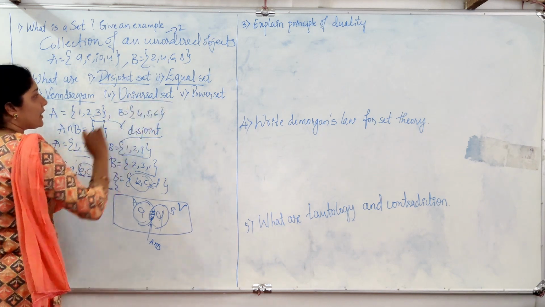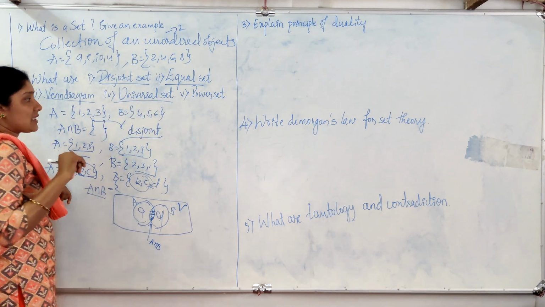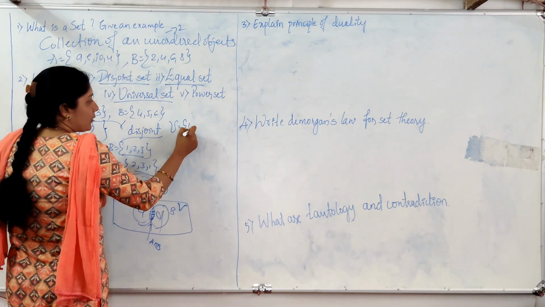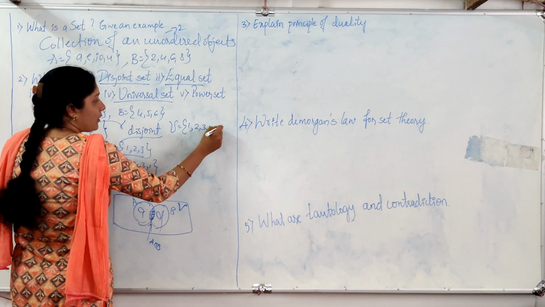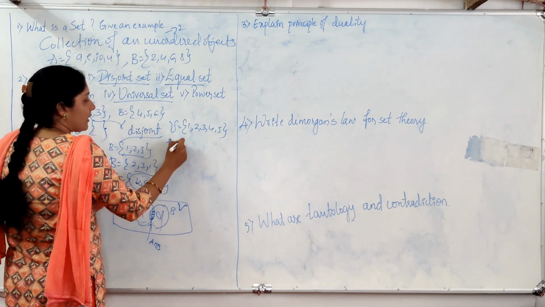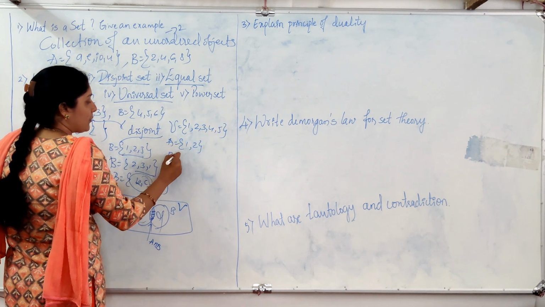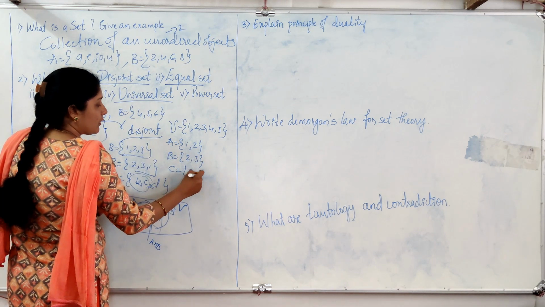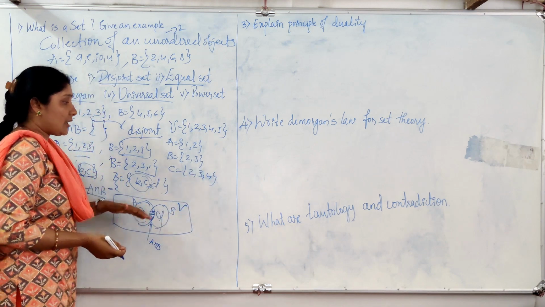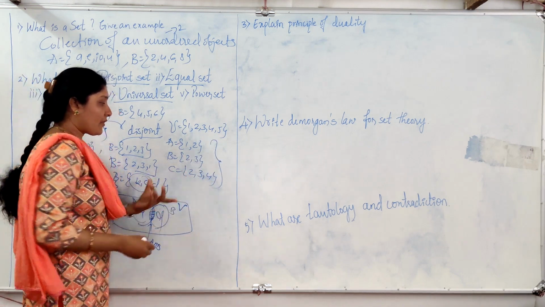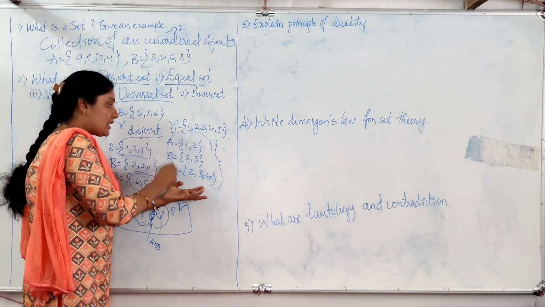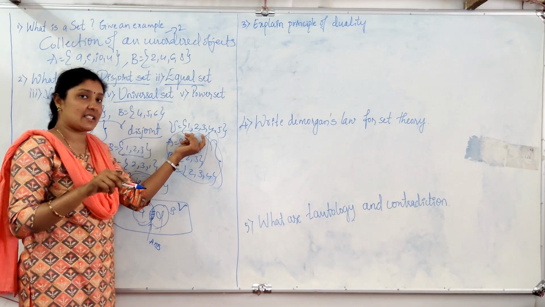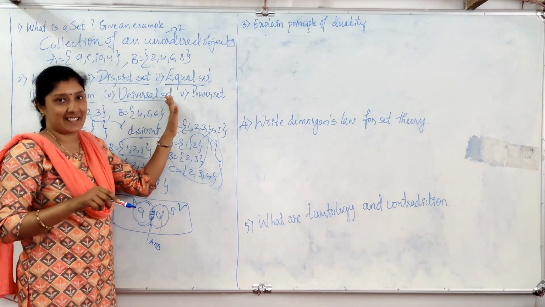Next, we have universal set. Universal set means what? For example, U is equal to {1, 2, 3, 4, 5}. And A is {1, 2}, B is {2, 3}, C is {2, 3, 4}. See, when we have a number of sets, and all these sets are subsets of a fixed set, that is called a universal set.